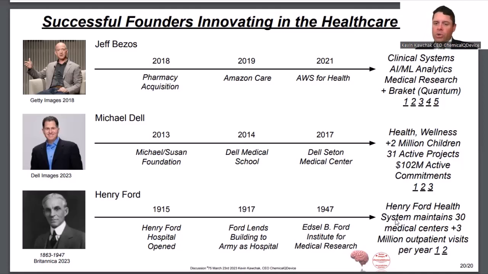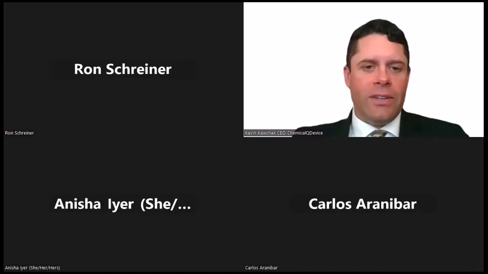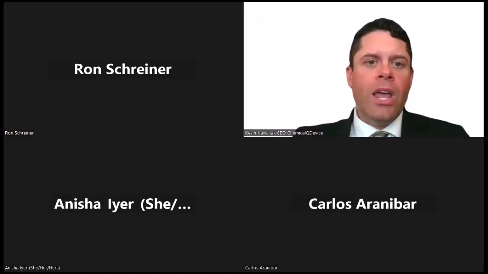Today, and this is big in Detroit, it maintains 30 medical centers and 3 million plus outpatient visitors per year. These are people who maybe started off doing other things, and then getting into medical research is the clue right there.